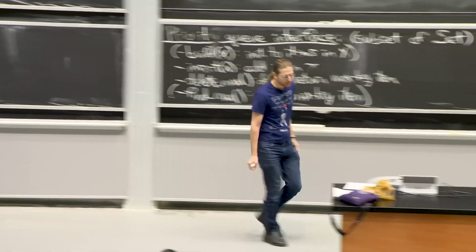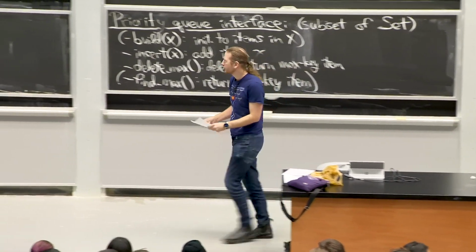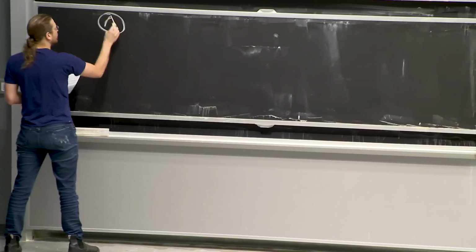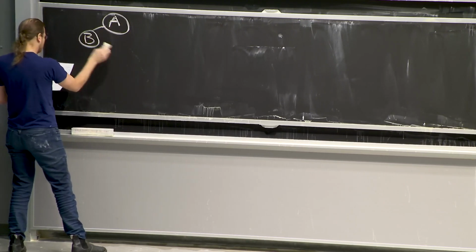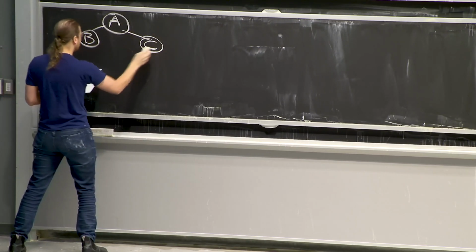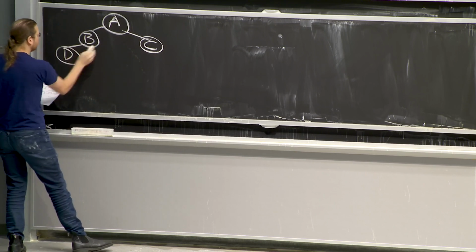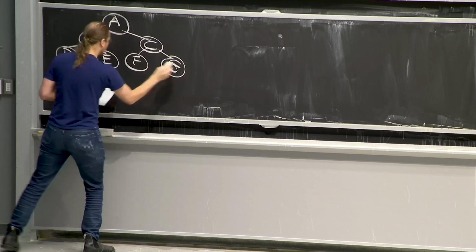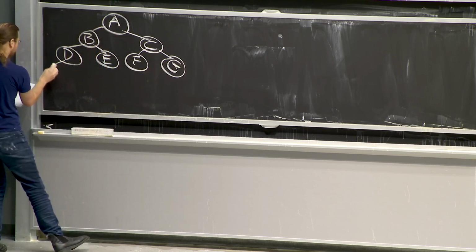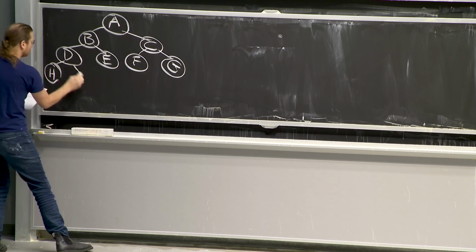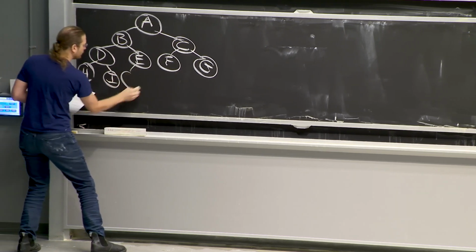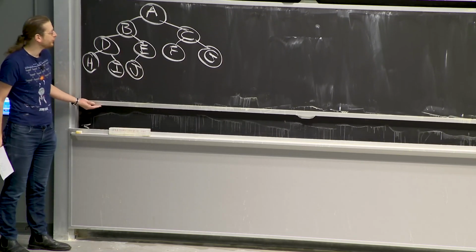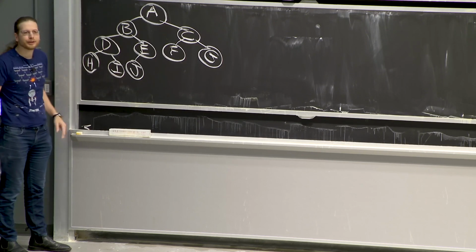Somehow, we want to embed a tree into an array. Let me draw a tree. If I got to choose any old tree I want, I would choose a tree that's basically perfectly balanced.